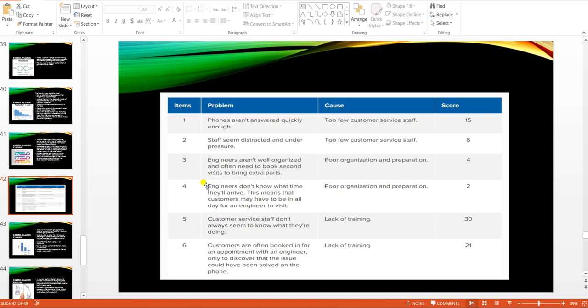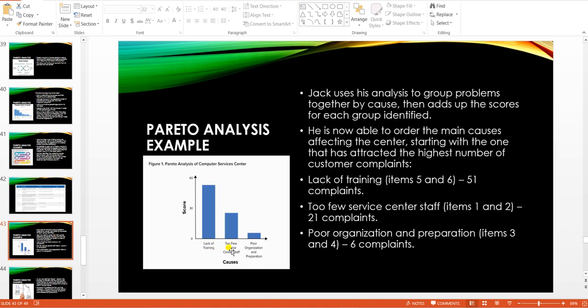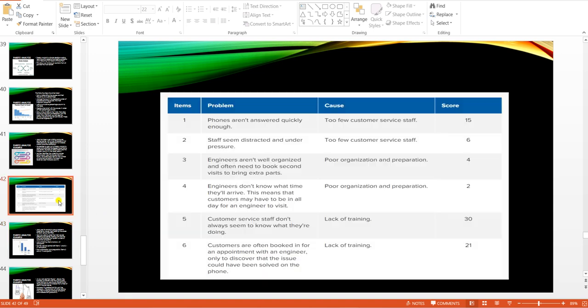Remember, based on the causes that he has, he managed to group them together. So lack of training, too few service staff, and poor organization and preparation. So now when you combine these two, 30 and 21, it gives you a total number of causes that you find within the arising problems that you have.